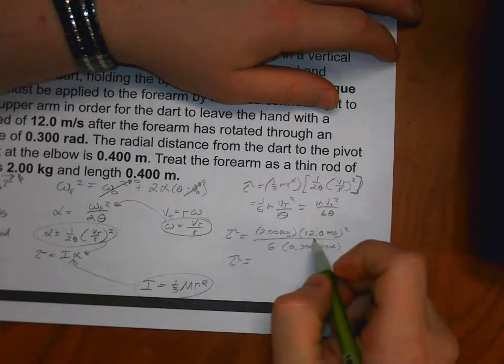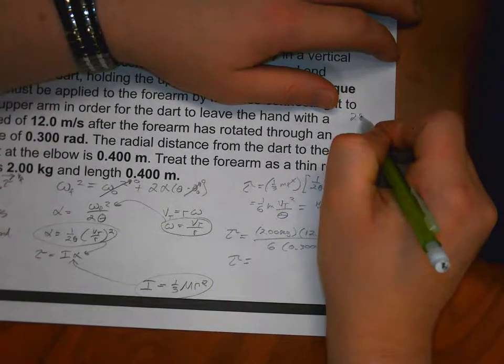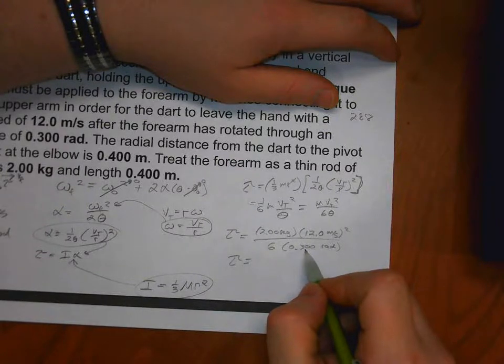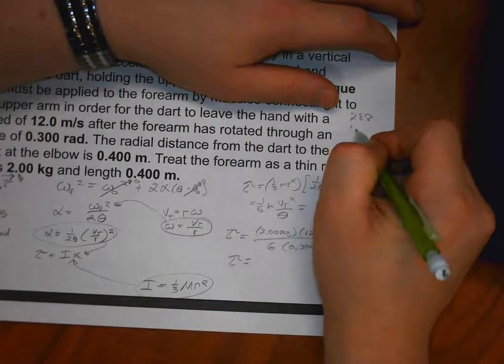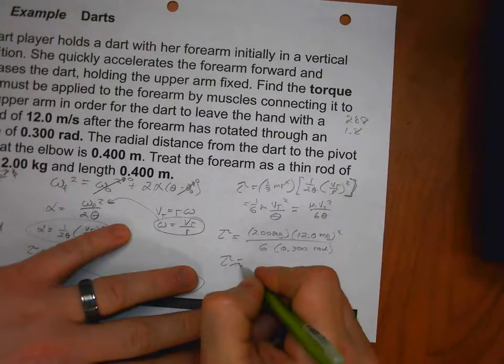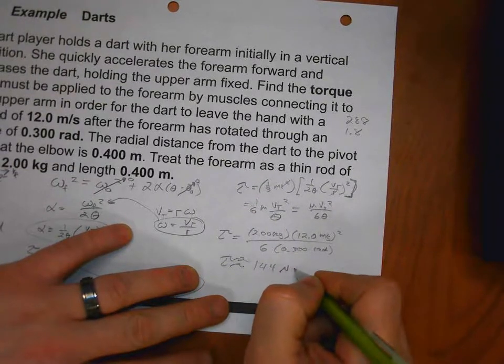Okay, so let's see, that's 144, so 2 times that will be 288, and 6 times 0.3 would be divided by 1.8. So it's going to be somewhere around 144 Newton meters.